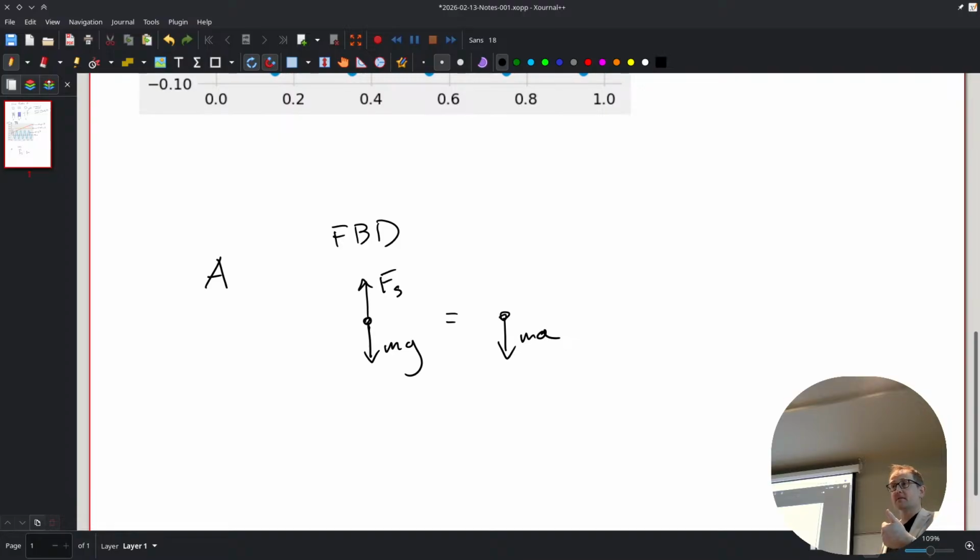Gravity's conservative, springs are conservative, and we're not losing any kinetic energy throughout that motion. So in this simplified spring mass gravity model, we're never losing amplitude.